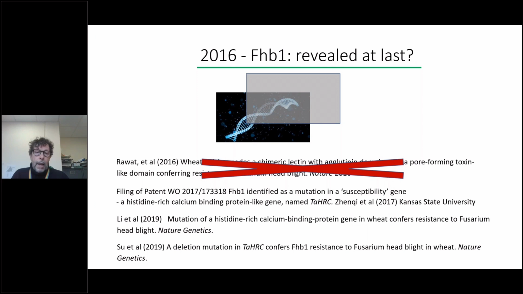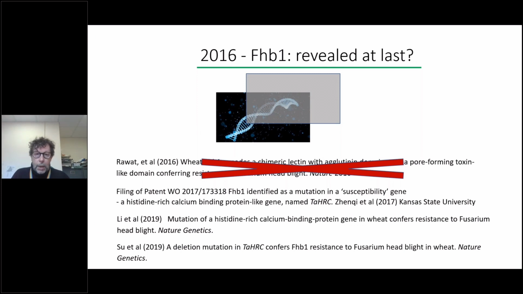And yet, even here, there was controversy over the nature of the resistance. Was it a major gain of resistance, or was it the loss of a function, the so-called loss of a susceptibility factor? And really the research is still ongoing to try to differentiate between these aspects, and even to establish whether we actually still have not found the right gene.